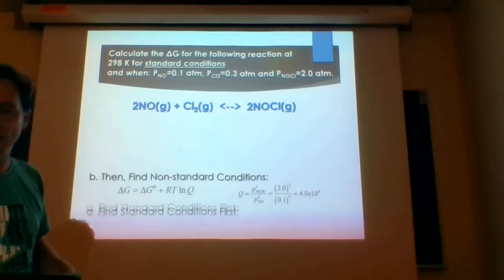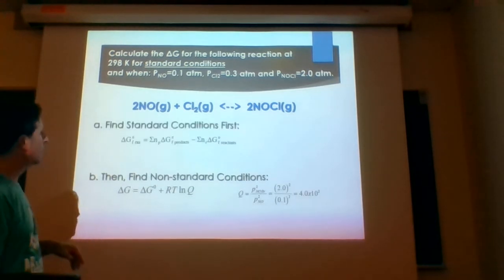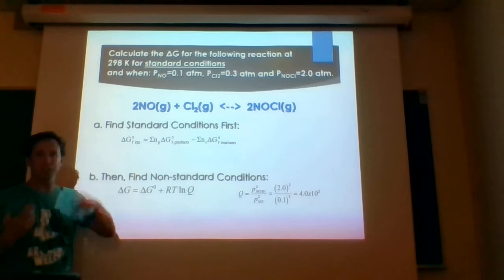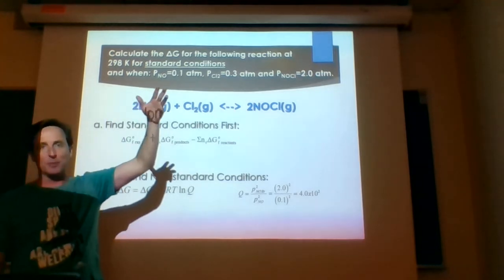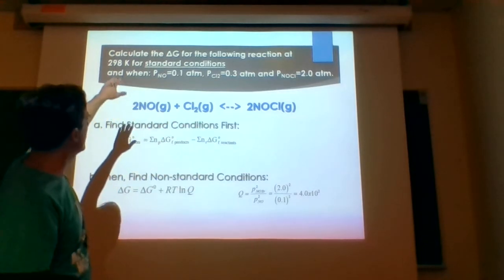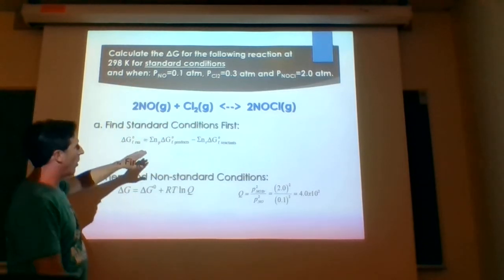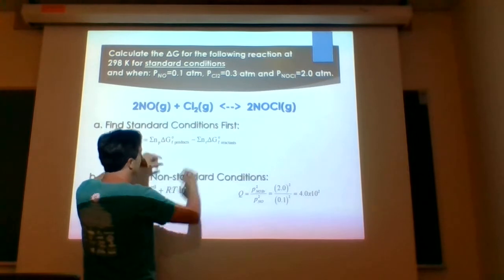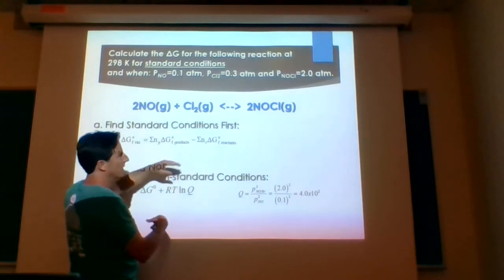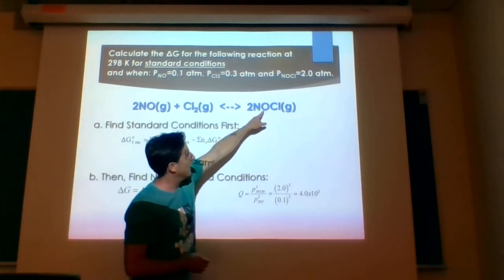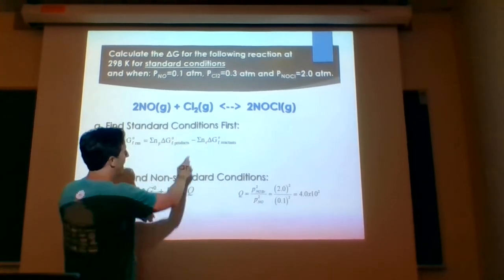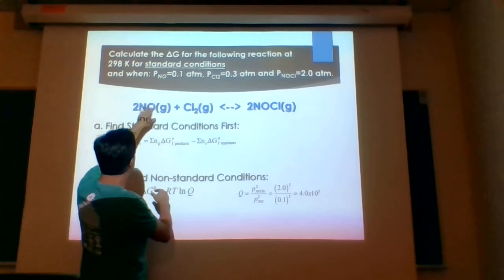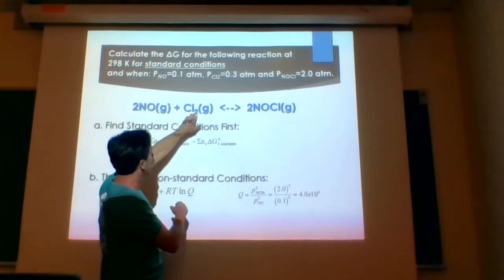But in order to solve this problem, I'm going to have to first find delta G naught, because this one walks me through finding the delta G value under standard conditions. For the reaction I have, I look up in the appendix the product delta G value, multiply by 2, and that number goes here, minus the delta G of this one times 2, plus the delta G of that one.